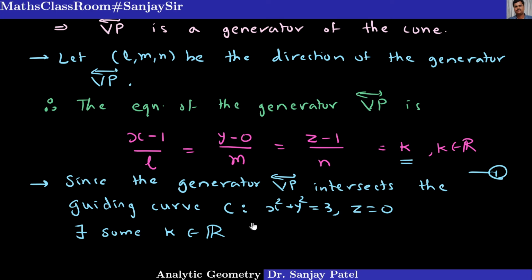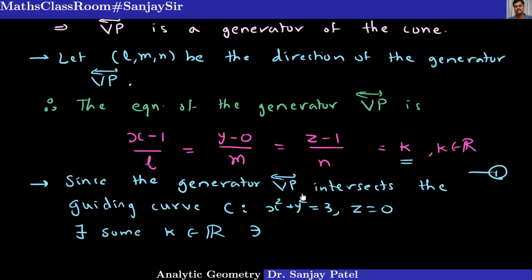So that means there is some fixed number k such that the point on this line satisfies this equation. So what is the point on this line? It is given by x is equal to lk plus 1, y is equal to mk plus 0, and z is equal to nk plus 1. You know how to find coordinates of any point on the equation of a line.